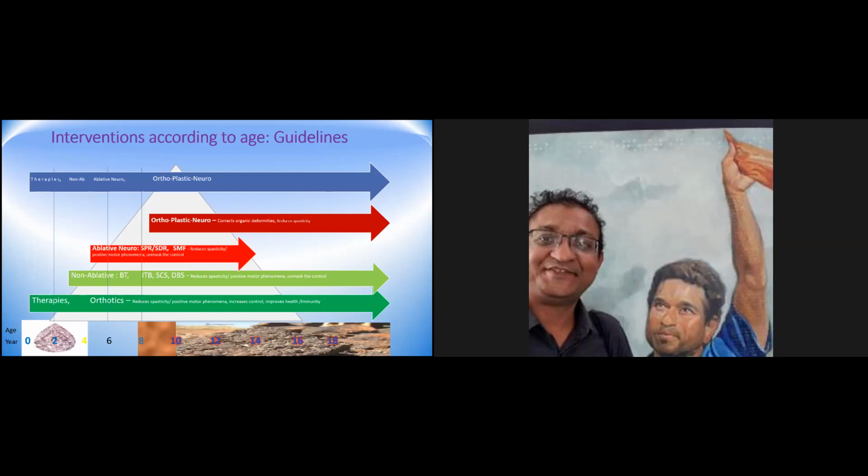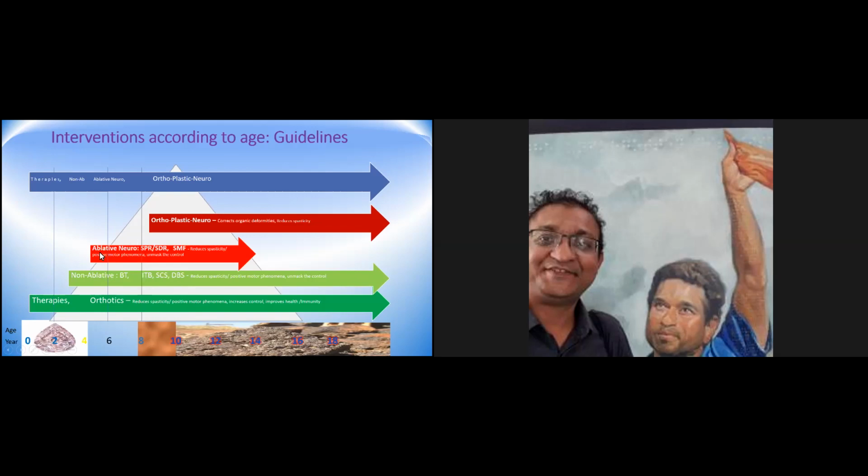Now, in the selection, this full scenario should be in our mind for an individual with cerebral palsy according to the age. Remember that therapies and orthotics keep playing a role throughout their grown-up age, say for example 20 years or sometimes even more. Next are the non-ablative procedures, which come into the picture a little later, after 2-3 years, and there are various kinds of neurosurgical procedures, non-ablative also.